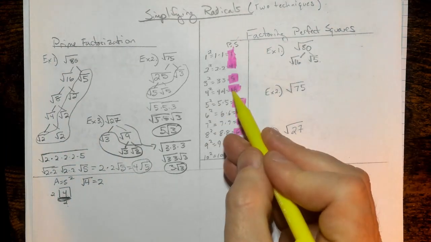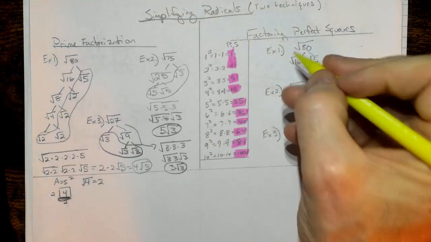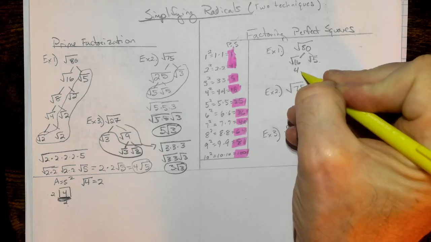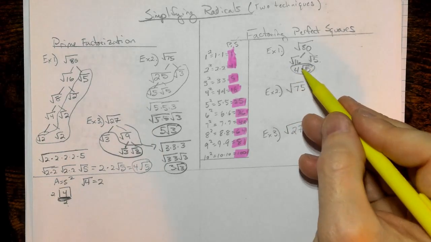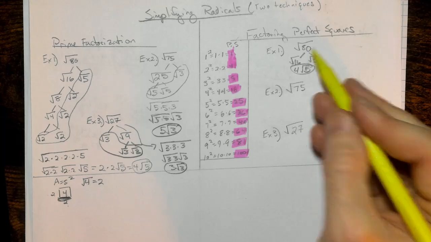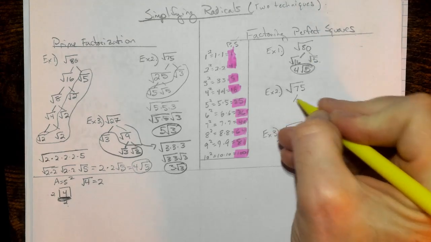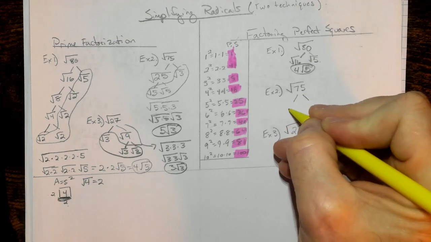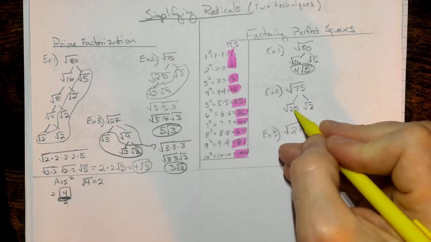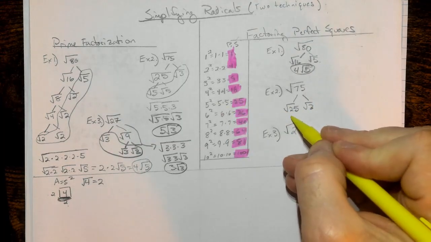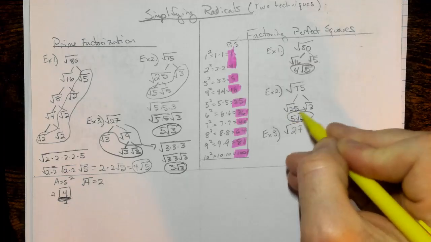I already know that the square root of 16 is just one of these two numbers. So that's 4 times the square root of 5. So if you know your perfect squares, you can save a bit of time. And then over here, we have the square root of 25 times the square root of 3. And again, 5 is that one, and 3 is just a prime number.